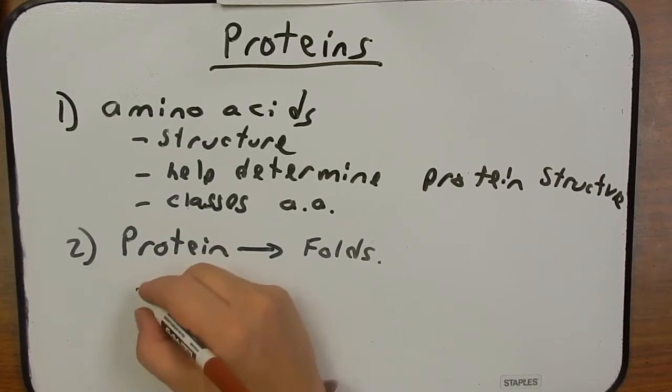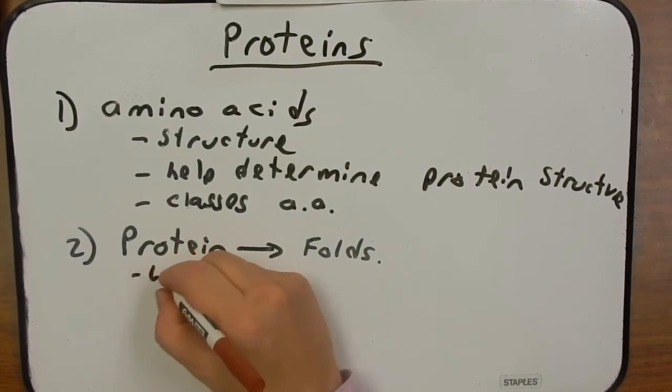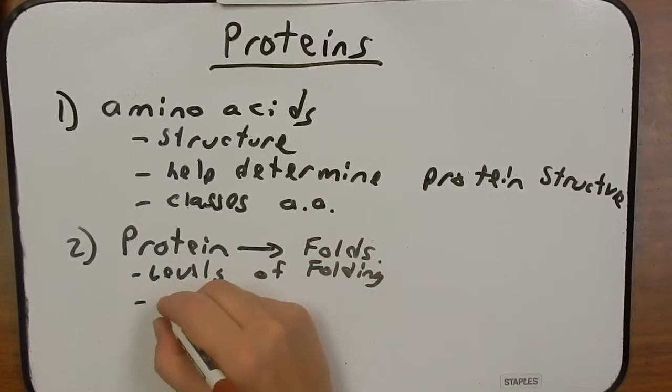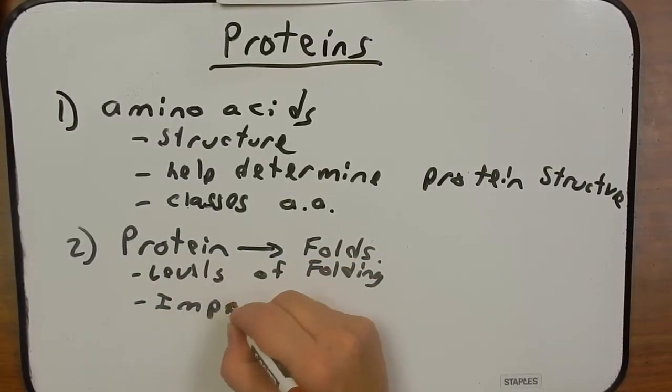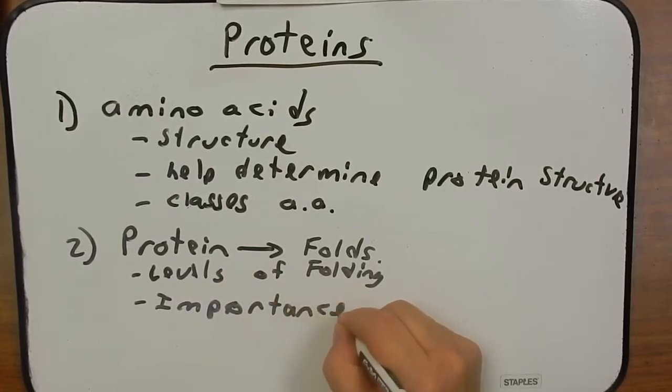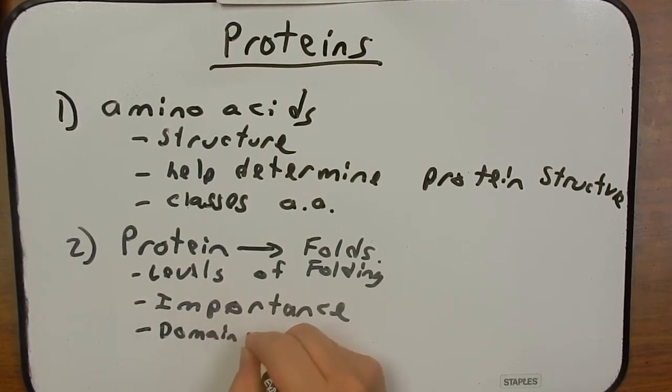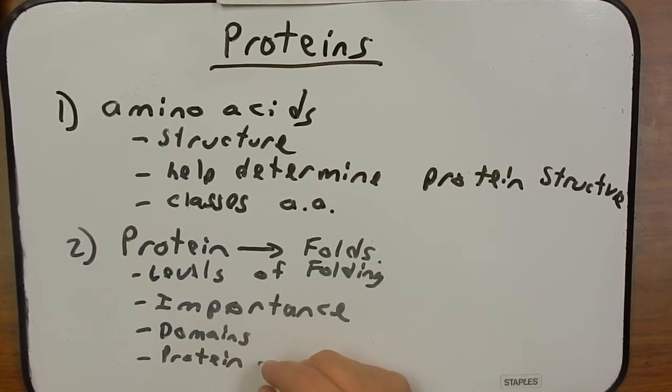We'll talk about the 4 different levels of protein folding, the importance of how proteins fold, and what happens when they don't fold properly, and that when these proteins fold, they will help form specific domains that are very important in specific functions of the overall protein. And then we'll end with a brief discussion, nothing too in depth, but some talk about protein families.